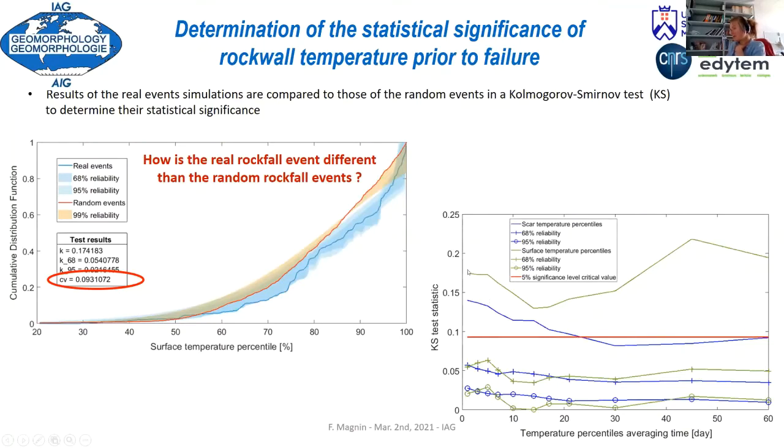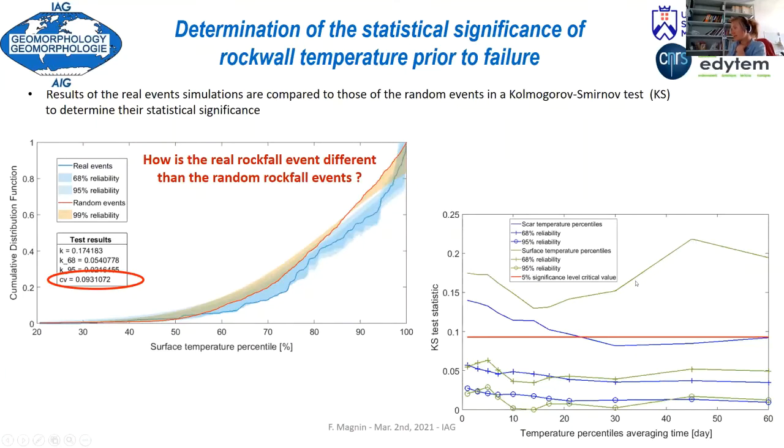What we learned from that is that here is the average surface temperature for different averaging periods before failure. Surface temperature is always, on average, significantly warmer than usual when the rockfall occurred, especially 1.5 months before the event, and also 1 to 5 days before the event.